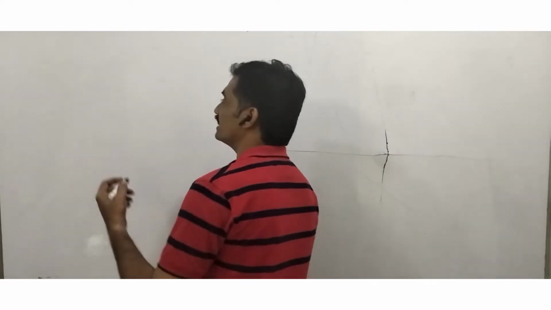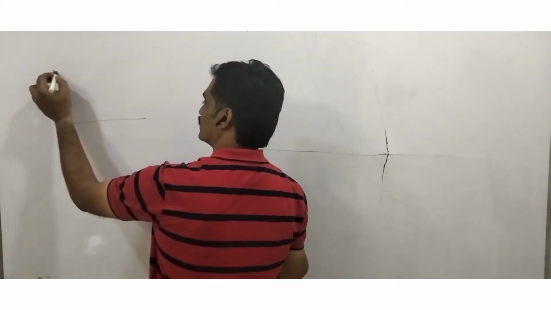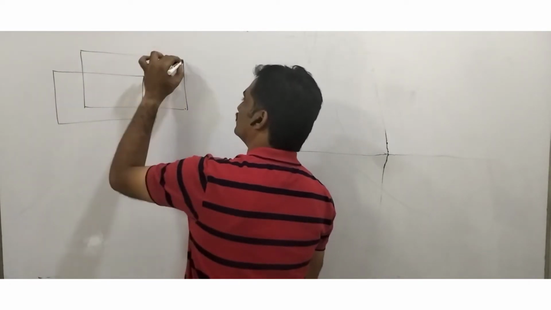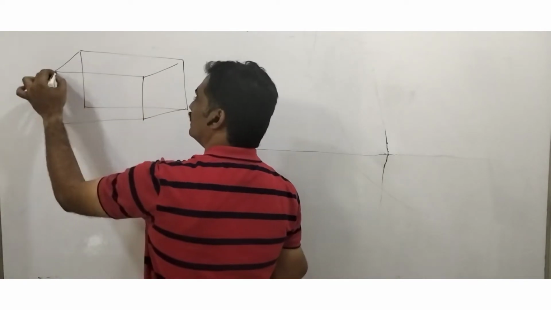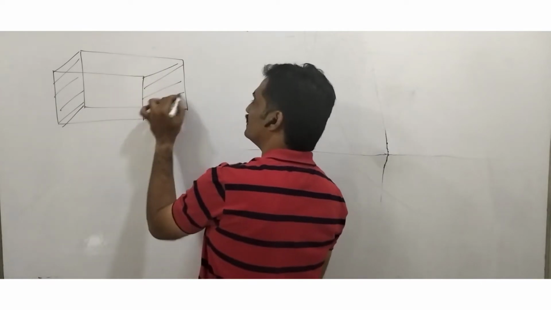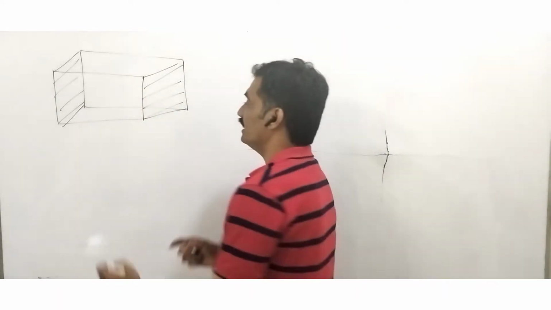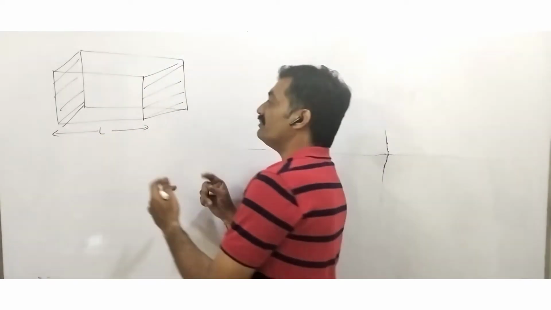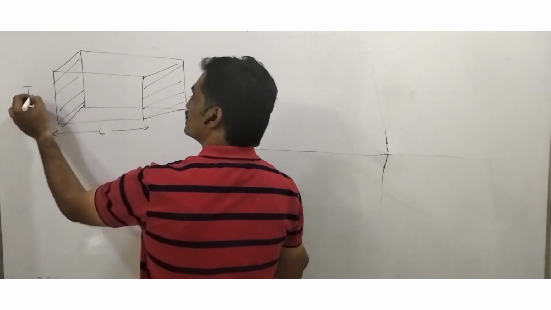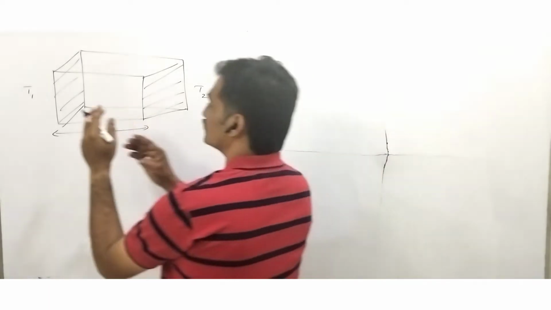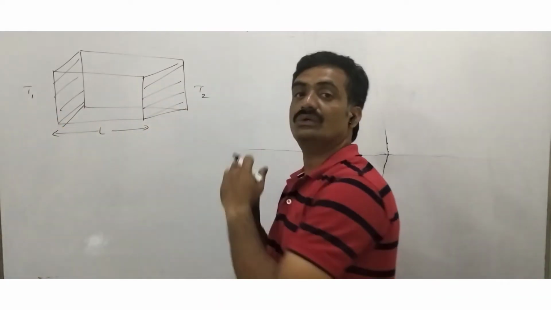Now we are going to discuss heat transfer in the case of conduction. For this, we consider a rectangular conductor of length L and area A. As you observe, the area of this conductor is A and the length of this conductor is L. Now, when we maintain different temperatures at both ends of this conductor, heat is transferred from the hot end to the cold end.